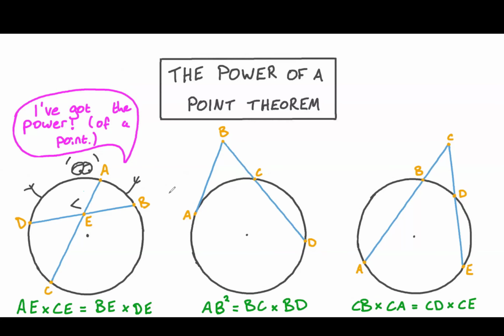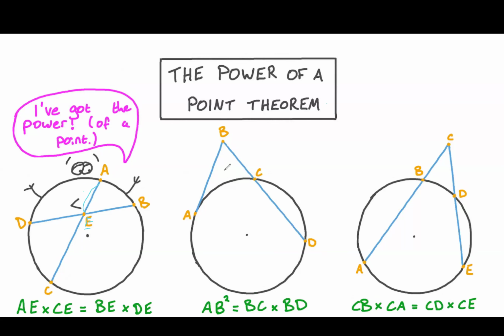Basically, what this theorem tells us is that if we have two chords and they intersect at this point E, then the product of AE and CE will be equal to the product of DE and BE.